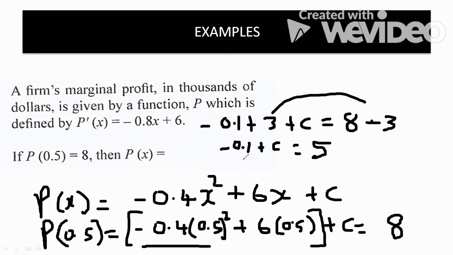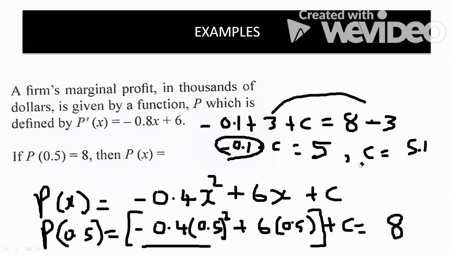And then I'll add 0.1 to both sides, so this will go away. So c is actually equal to 5 plus 0.1, which is 5.1.